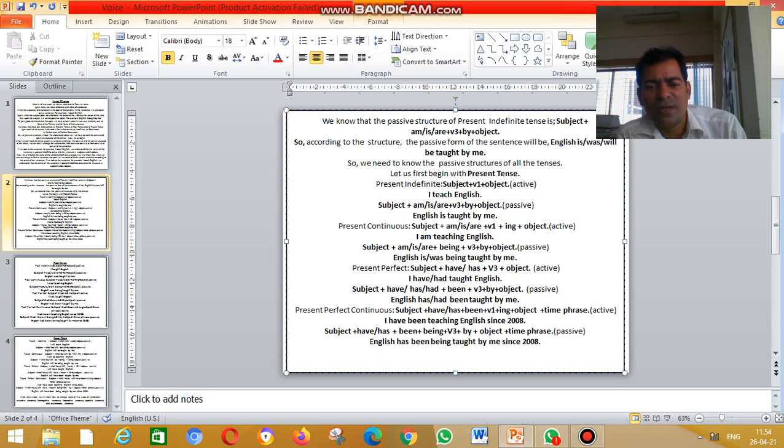That's shown here. So the passive structure of the tense is subject plus have, has, or had plus been plus V3 plus by plus object. So according to the structure, the passive form of the perfect tense is English has been taught by me. If you use past perfect tense, then you need to use English had been taught by me.